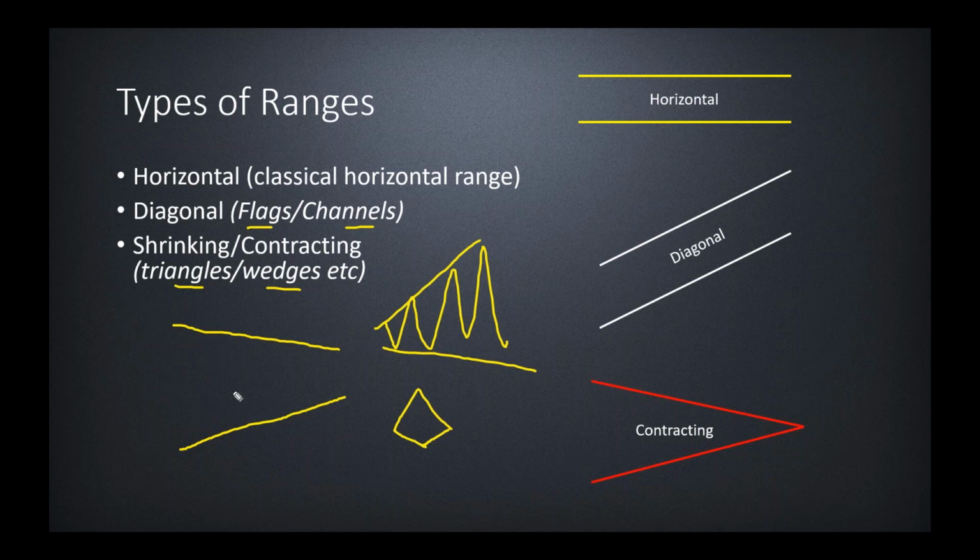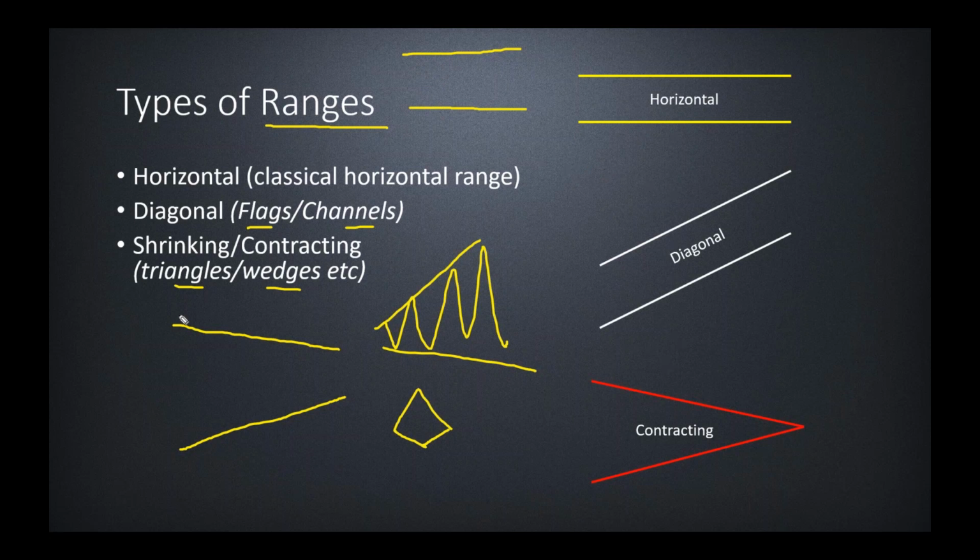Any pattern that puts the price inside, in my opinion, could be called a range. Because what is a range? A range is something that has a top and a bottom. The shape of this range varies, and we have different names for all these market structures.